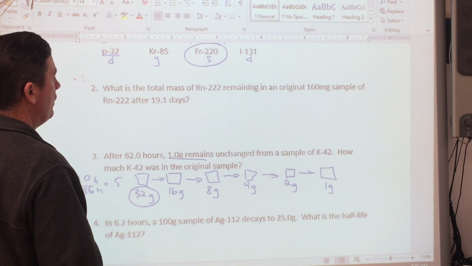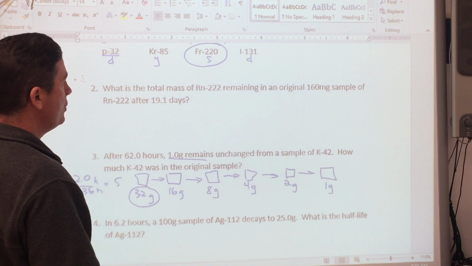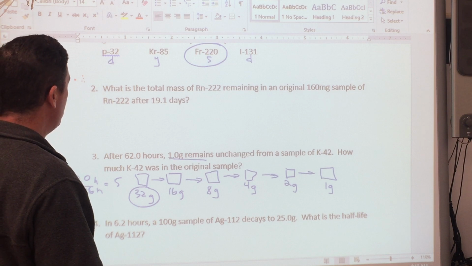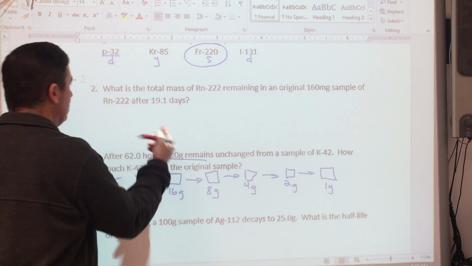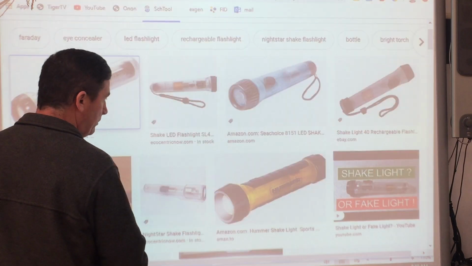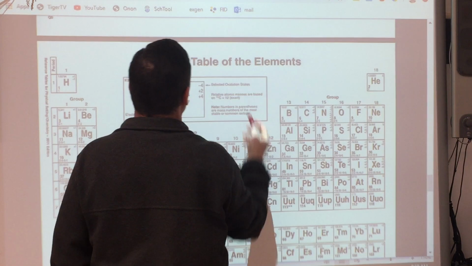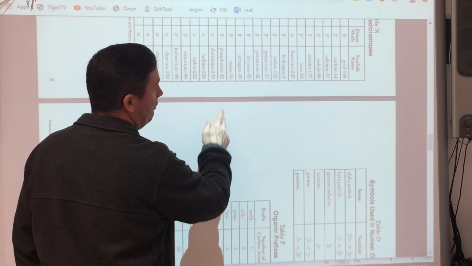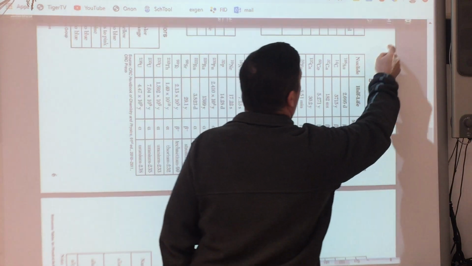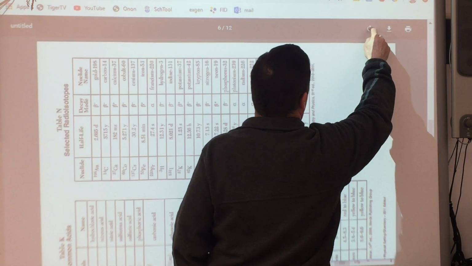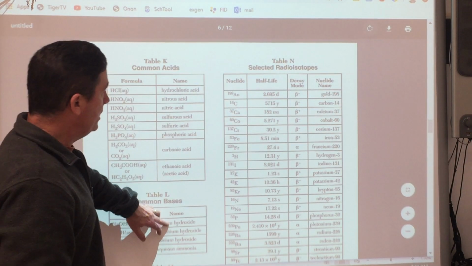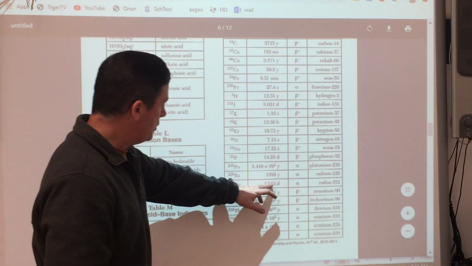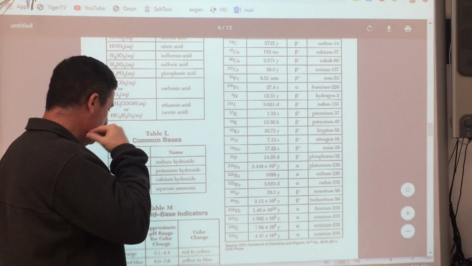So, what is the total mass of radon-222 remaining in an original 160 gram sample of radon-222 after 19.1 days? Now I've got to look up my half-life in table N. So radon-222, it's 3.823 days.